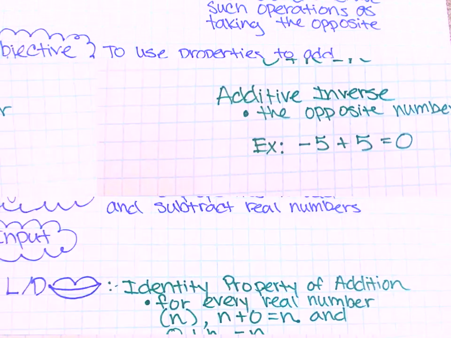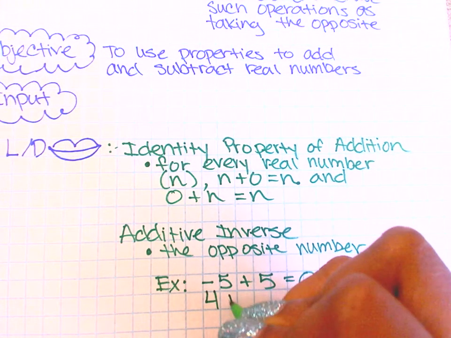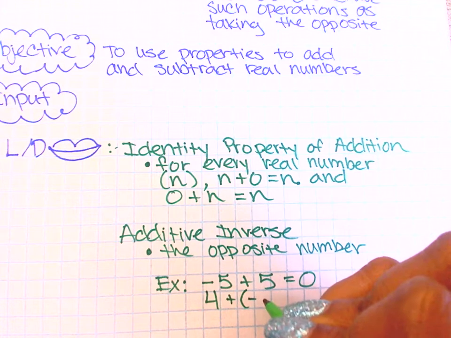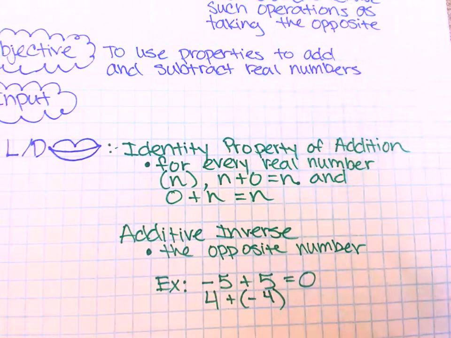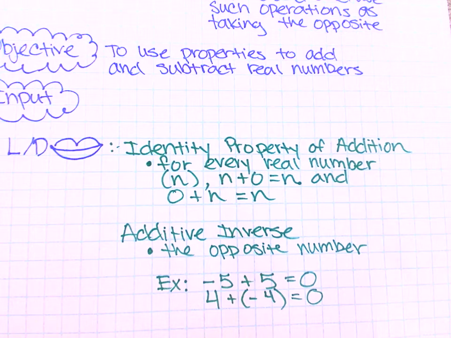A number and its opposite will equal 0. Or 4 plus -4, remember they don't like each other, so it turns into a subtraction. That'll also be 0. So if you add a number's opposite, it's 0. That's the additive inverse property.